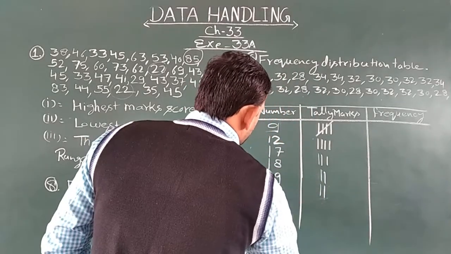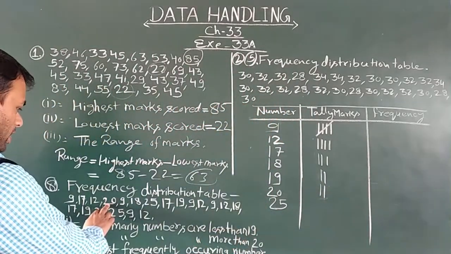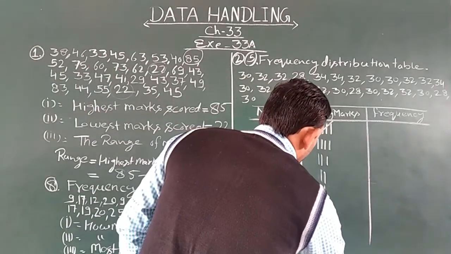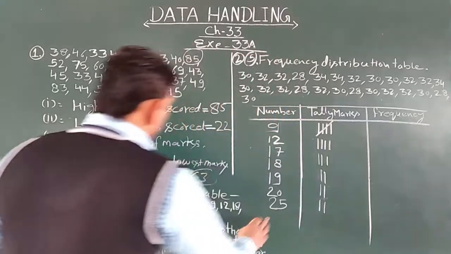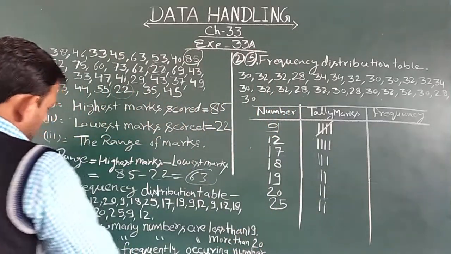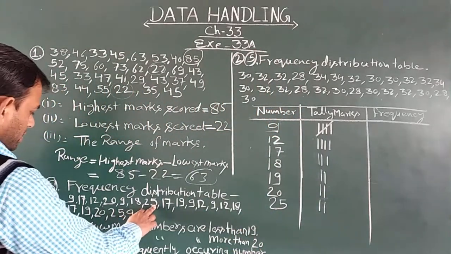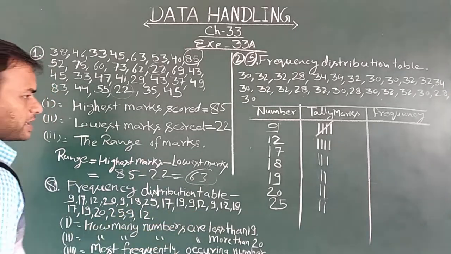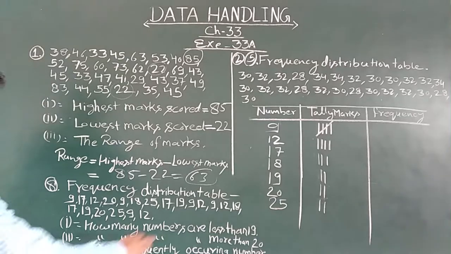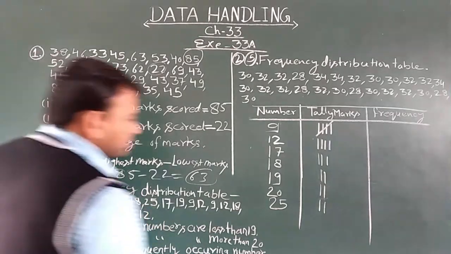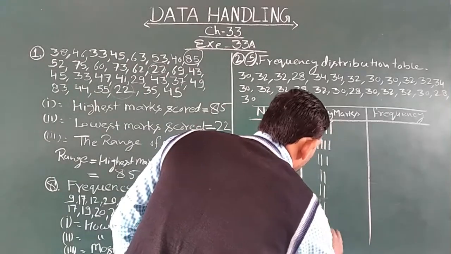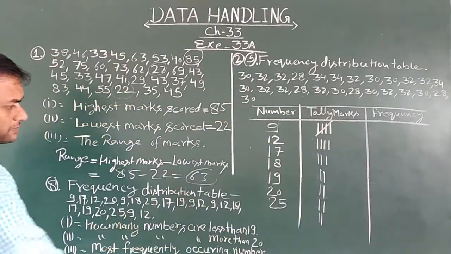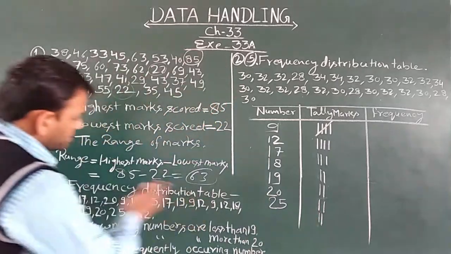And 20: 1 and 2, so we will draw 2 lines again. And 25 has come, no, 2 times has come, so we will draw 2 lines. 25 has also come 2 times in the whole data.